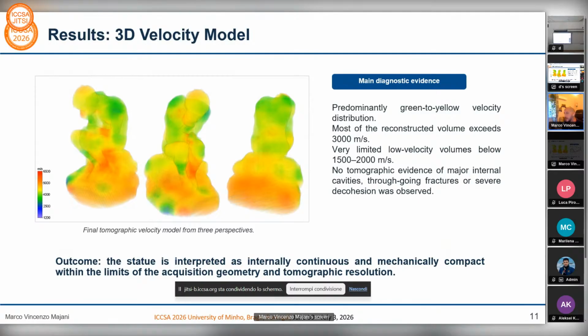In ultrasonic tomography of stone materials, such low velocities would typically be associated with surface degradation, hidden cavities, open fractures, or strong decohesion. In this case, no clear tomographic evidence of internal cavities, ongoing fractures or severe degradation was observed. As a diagnostic basis for planning a possible relocation, the result is positive. The statue can be interpreted as internally continuous and mechanically compact, with no major internal anomalies detected by the investigation.